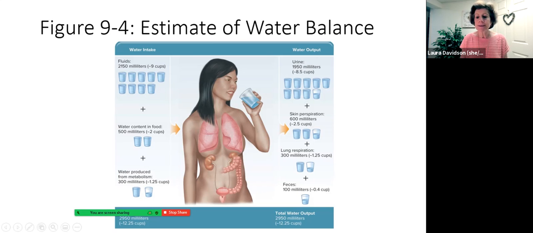The other is an illness where there's water loss through a diarrheal illness, so more lost in the feces as well. You can also imagine that if you were on a medication that caused increased urine production, you could run the risk of being dehydrated as well.